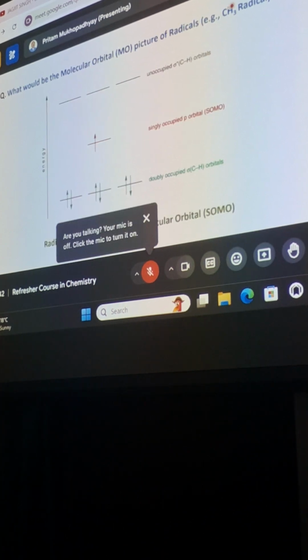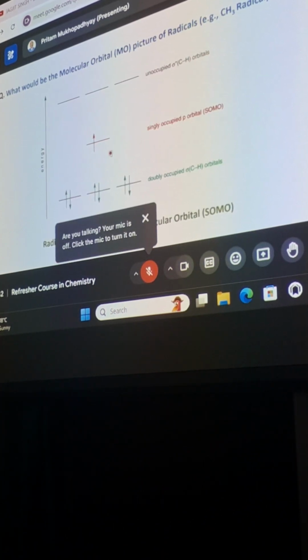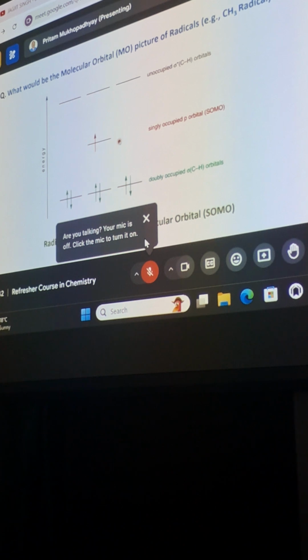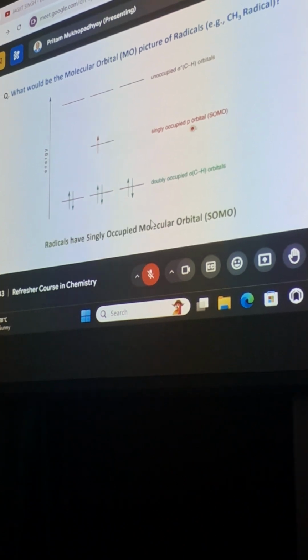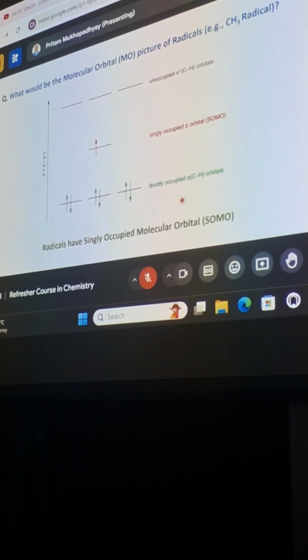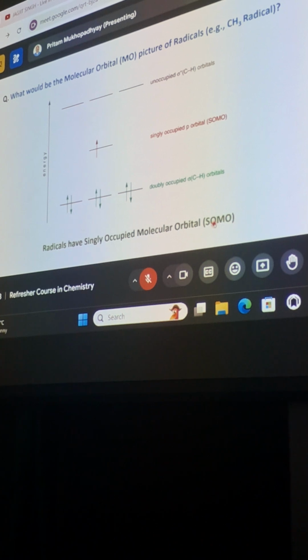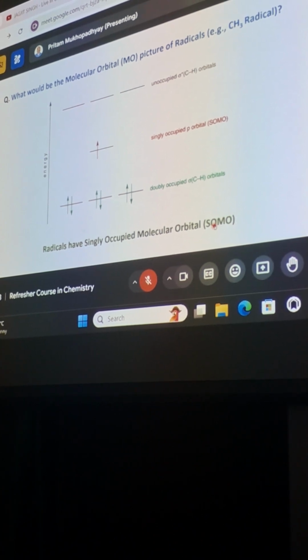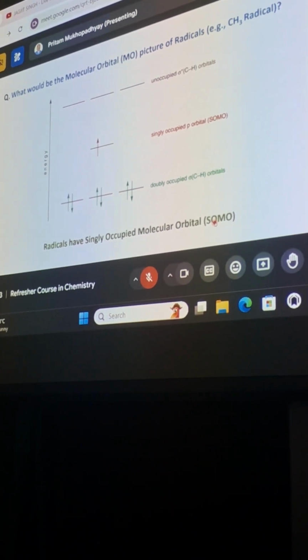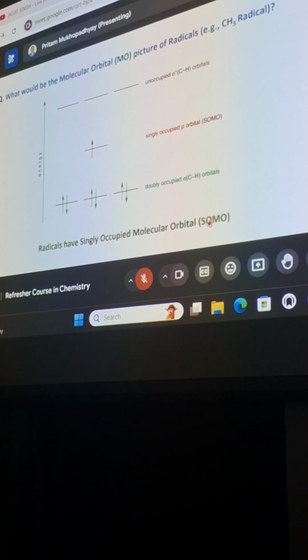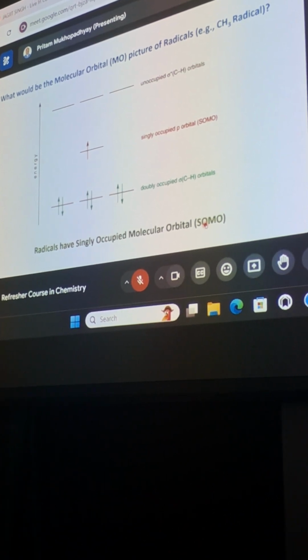in the methyl radical is existing in an orbital which is called the singly occupied molecular orbital, or SOMO. Up to now, I discussed with you HOMO and LUMO, the highest occupied molecular orbital and the lowest unoccupied molecular orbital.